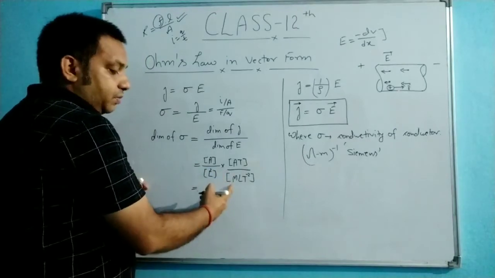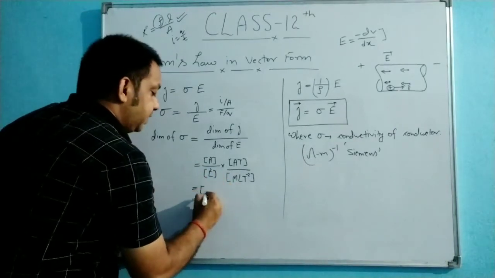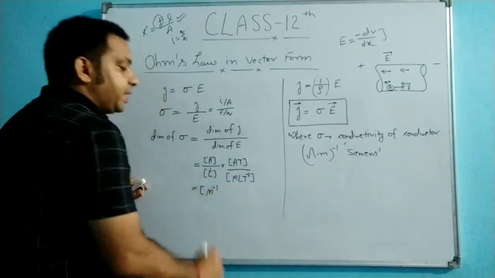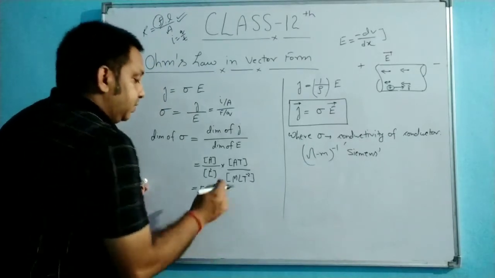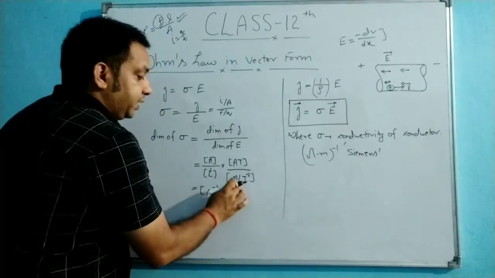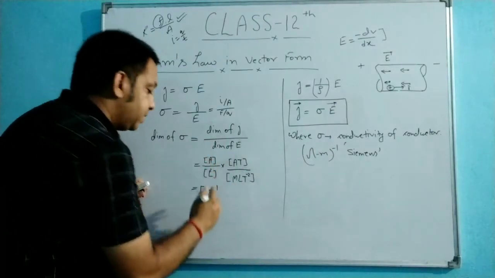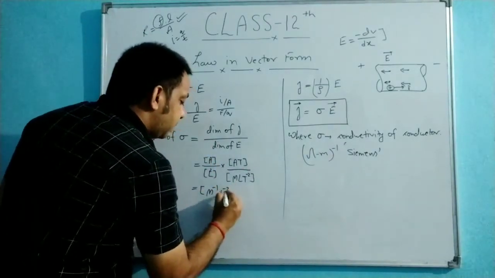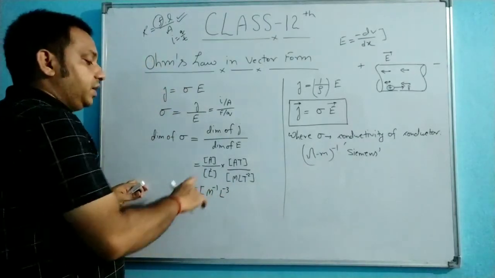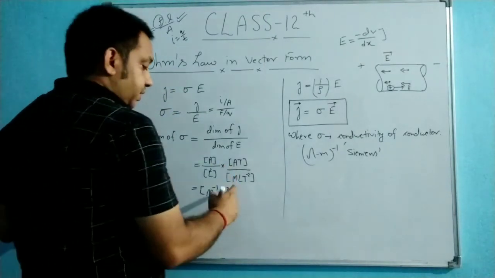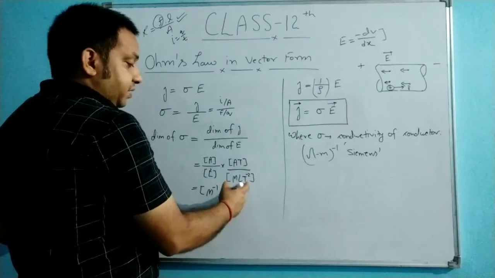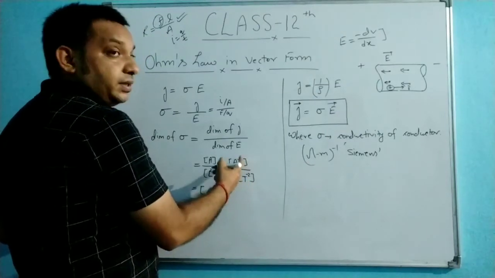So in the denominator only m is here. When it goes in the numerator, that becomes minus 1. Clear? And here L squared multiplied by L gives L to the power 3 in the denominator. When it goes in the numerator, that becomes L to the power minus 3. T to the minus 2 is in the denominator and T in the numerator.